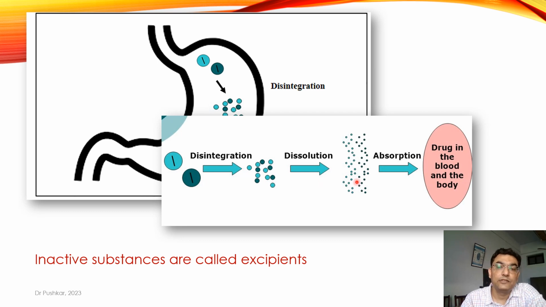One more important factor in this process is the excipients in the tablet. Excipients are inactive substances that are added in many tablets, and they also play a very important role in this whole process.